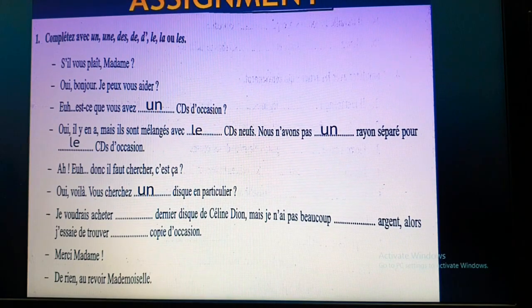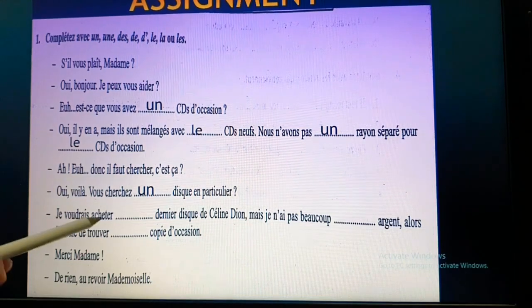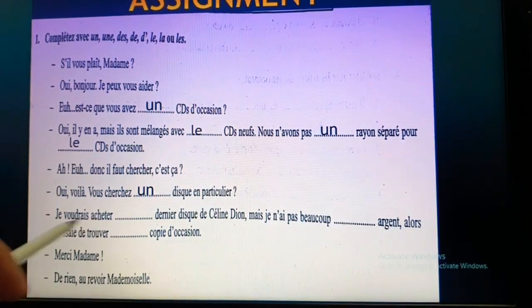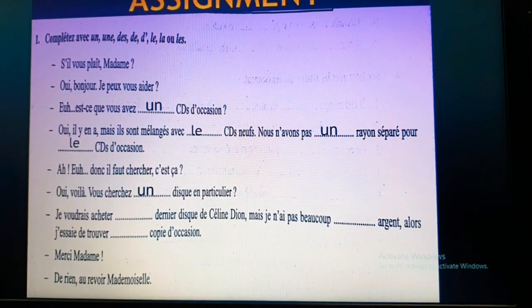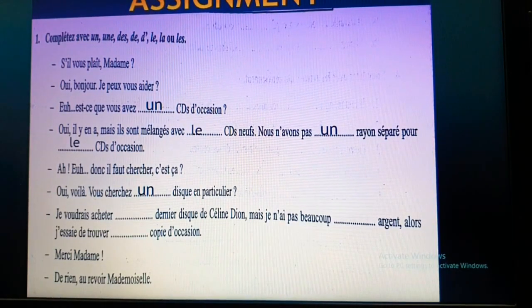So I want to buy. Je voudrais acheter is using the verb vouloir in the conditional present, which you will be studying in the second term. So I would like to buy the latest CD of Céline Dion.